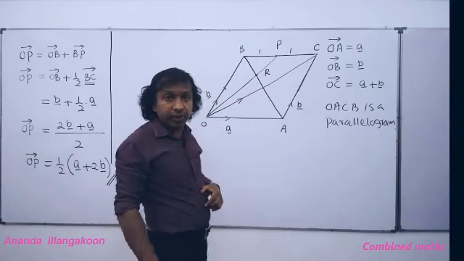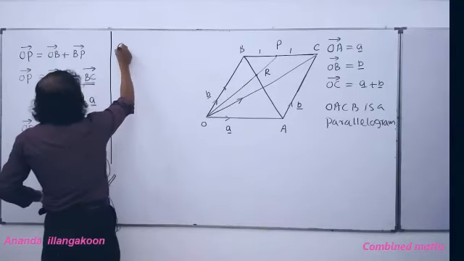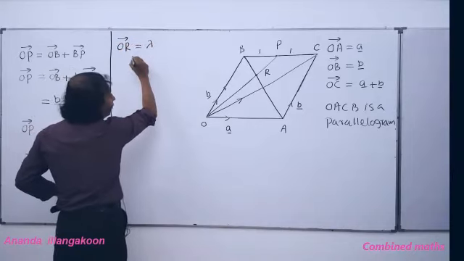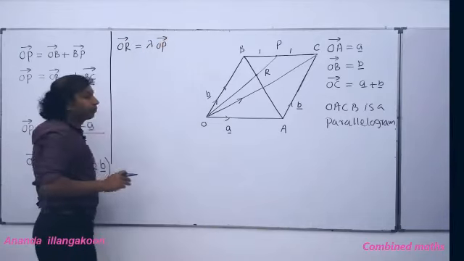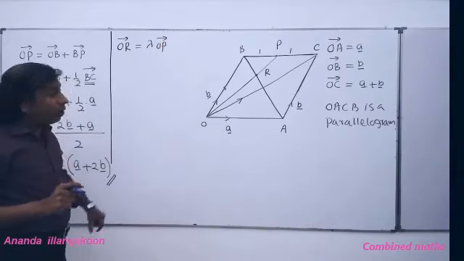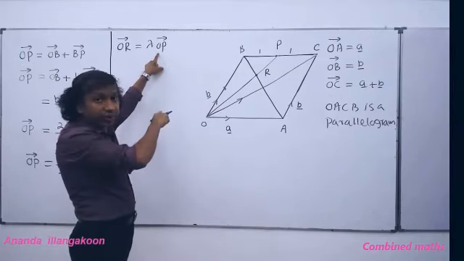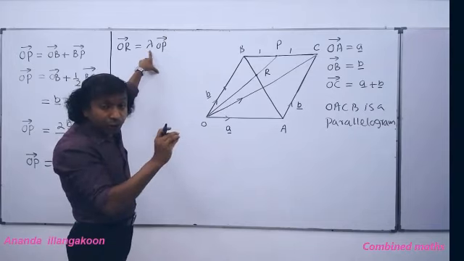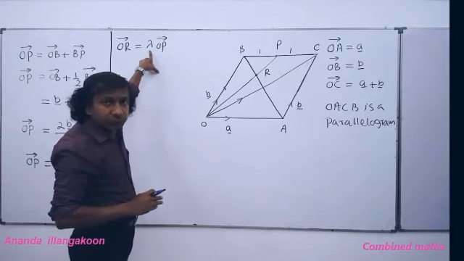So then I write like this: OR vector we can write lambda times OP vector. This OP is longer than this OR, so therefore this lambda should be less than 1. Lambda is a positive real number which is less than 1. Understood?